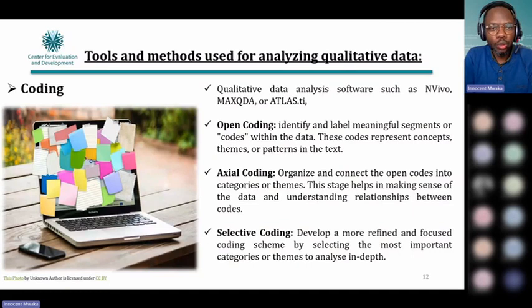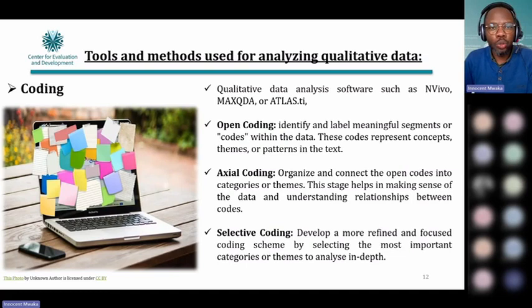What we do here at C4ed is use qualitative analysis software programs that help us do a similar thing, but in a way that we can still access and share this information. We use MaxQDA as a software. I'll show you in the next slide how it's displayed.